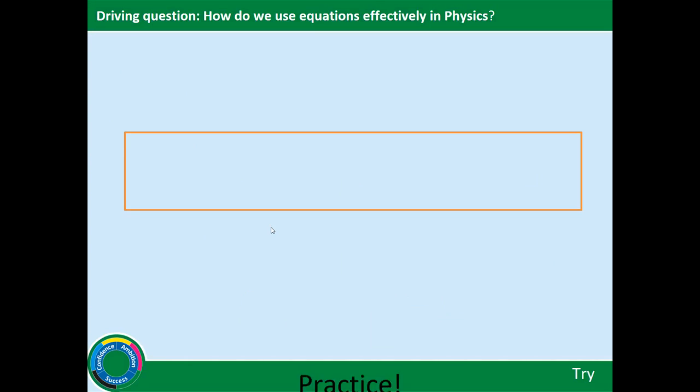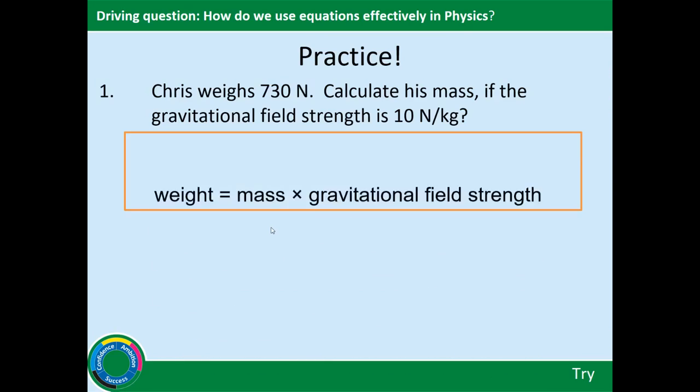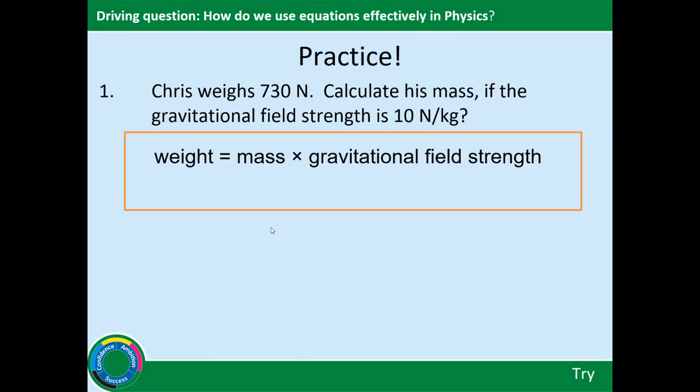Let's practice a question. It says Chris weighs 730 newtons. Calculate his mass if the gravitational field strength is 10 newton per kilogram. Again, you quote your standard formula, weight equals mass times gravitational field strength, or you can simply write the short form, W equals mg.